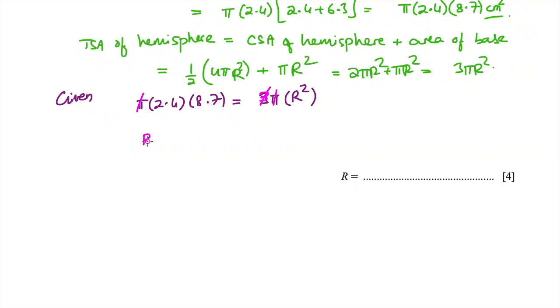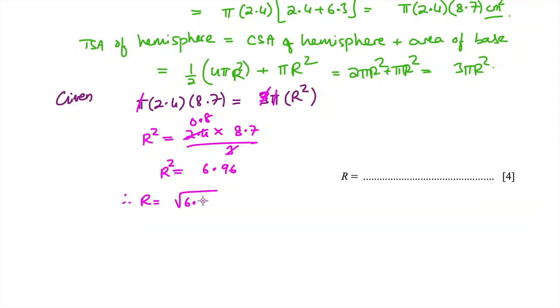So r square would be equal to 2.4 into 8.7 divided by 3. And so 3 will go into 2.4 0.8 times, and 0.8 into 8.7 is 6.96. So this is the value of r square. So the value of r would be square root of 6.96 centimeter.